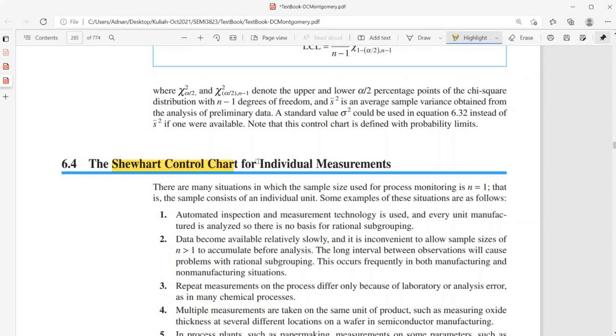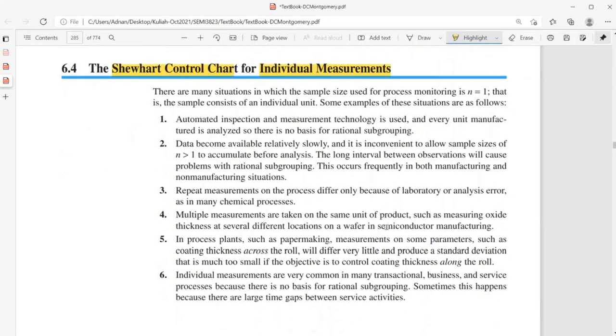But in this case, with individual measurement, every time we only measure one unit rather than taking multiple units, for example n equals 5. We do not have the luxury of taking more samples. We only have the opportunity to have n equals 1.